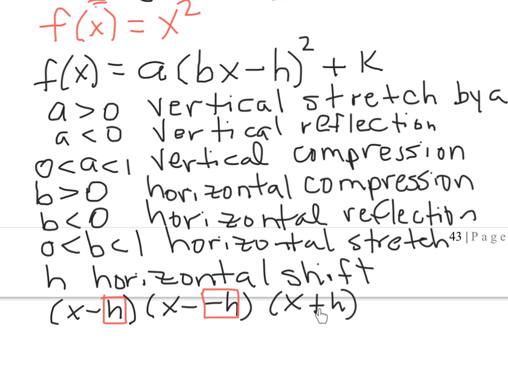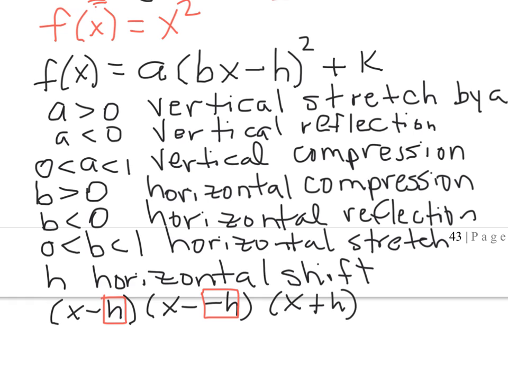It's actually moving to the left. So just keep that in mind. Hopefully that will help you remember that. If that doesn't help and you can't remember that, just remember that insiders lie. So whatever's happening inside here is always the opposite of what you think it should happen. All right, just remember that, and that might help too.